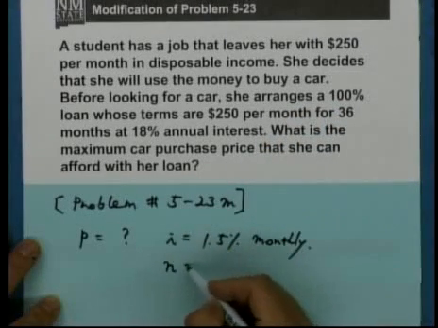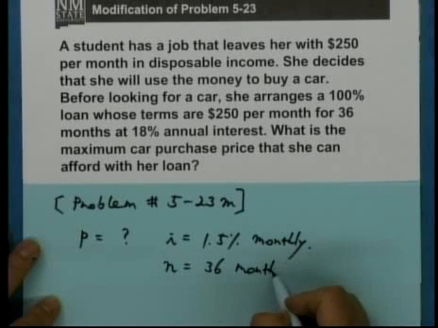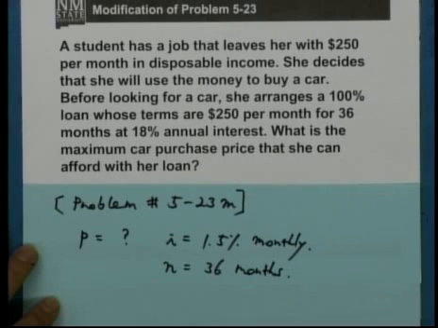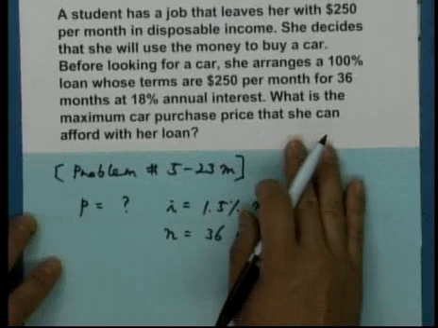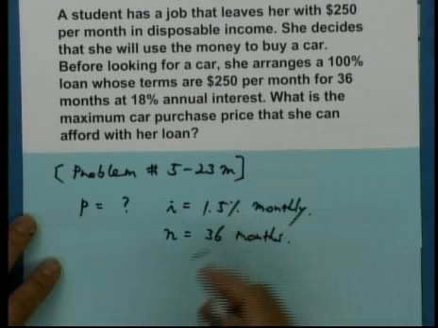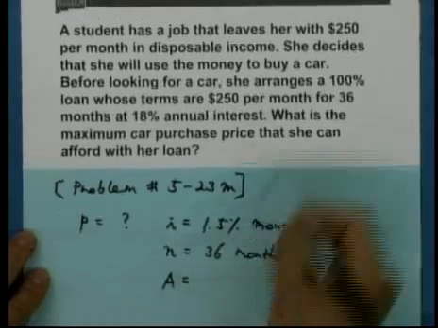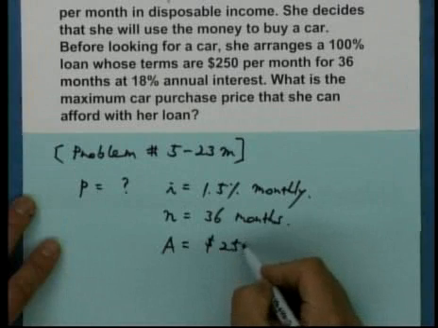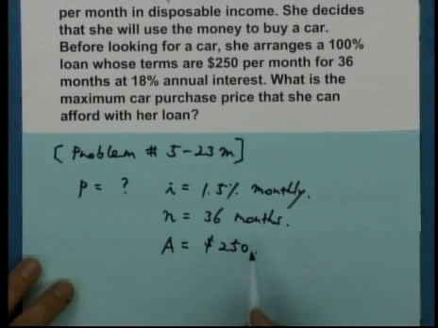And the interest period would be 36 months. Is that right? And what is the value A in this case? $250. The monthly payment she can afford is $250, right?